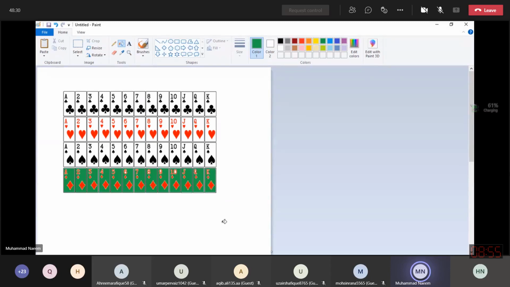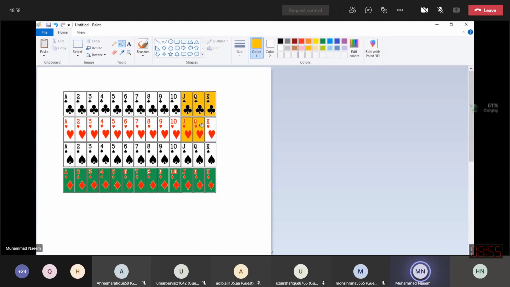Okay. We are taking the union. What is our target here? We are trying to find the union of the three categories, union of the three sets. So this is our one set, first one. Second one, the category of face cards. These are the face cards.